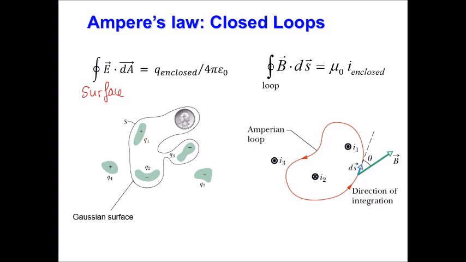That's proportional to the current traversing the surface created by the loop, because this loop creates a surface inside. Any current passing through this surface will be counted in this I enclosed. However, here the surface will enclose a volume, so any charge inside this volume will be counted in this Q enclosed.